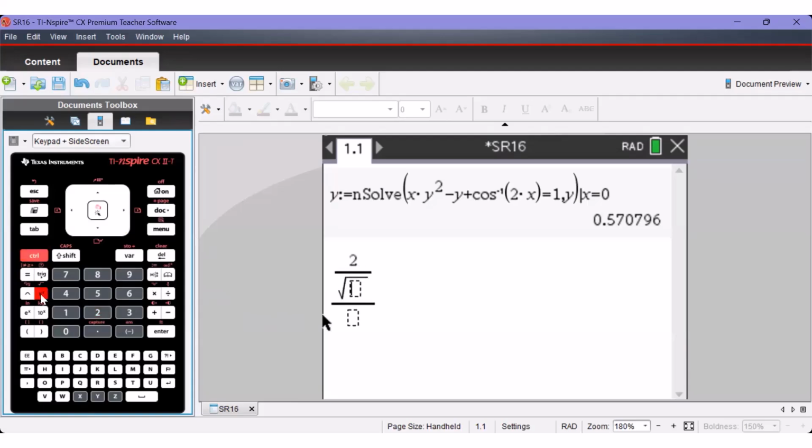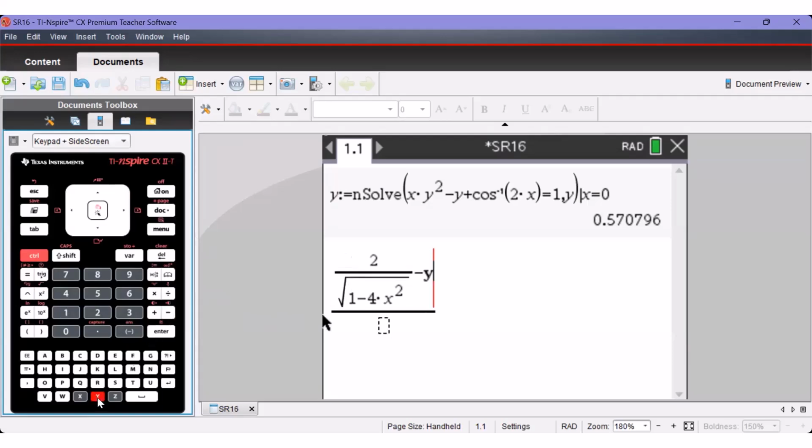So Control x squared, 1 minus 4 times x squared. Navigation pad to the right once, and now twice to bring it outside that fraction, and the cursor is level with that vinculum.